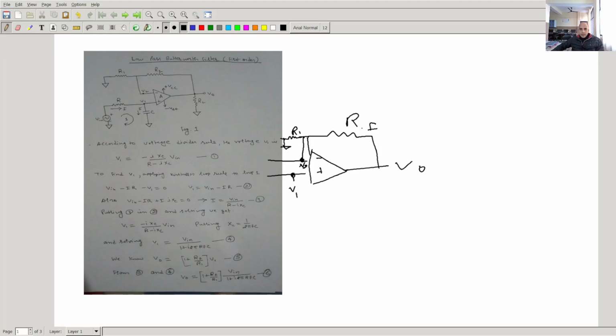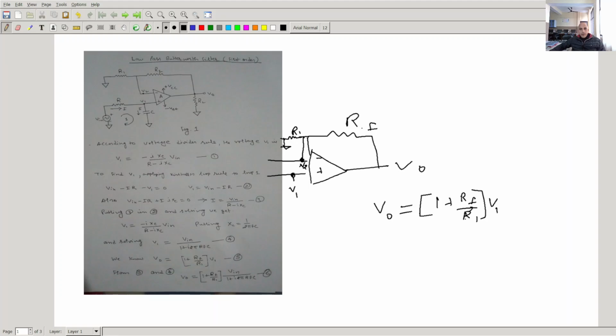So V output in case of operational amplifier operating in non-inverting configuration is given by 1 plus RF upon R1 into B1. This is the expression that we have derived in the theory of operational amplifiers, right?